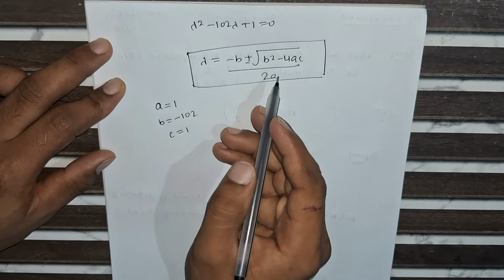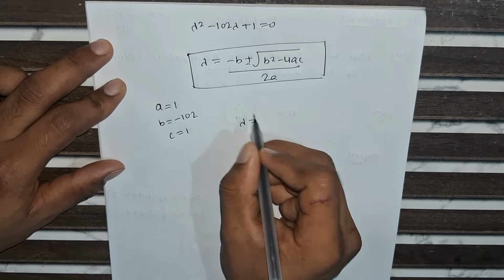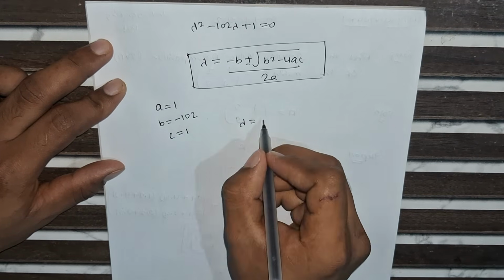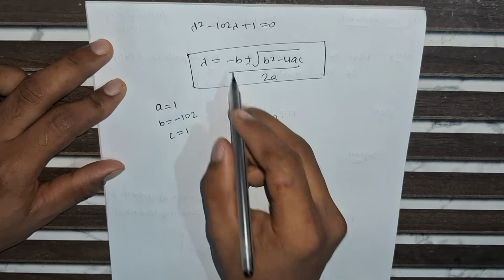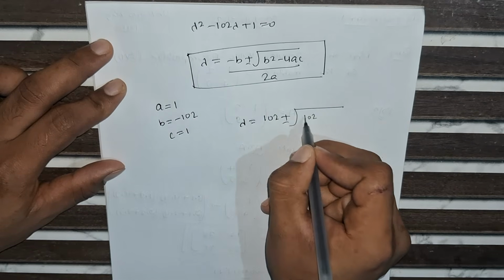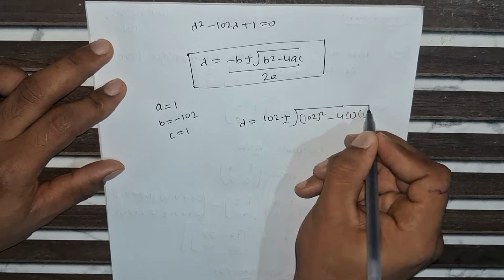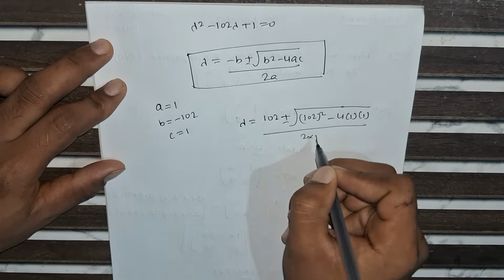So put all the values in this formula: lambda equals 102 (because minus is already there) plus or minus the square root of 102 whole square minus 4 into 1 into 1, divided by 2 into 1.